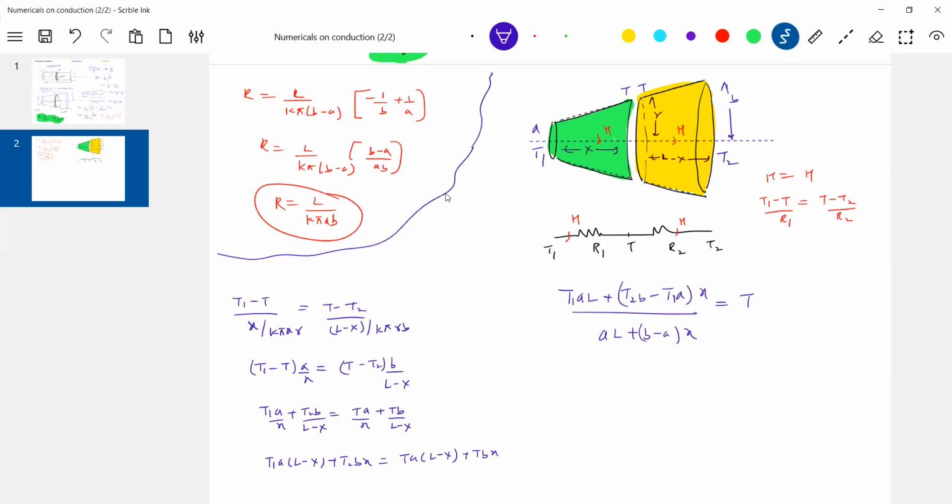You can use this method. Check the calculation.